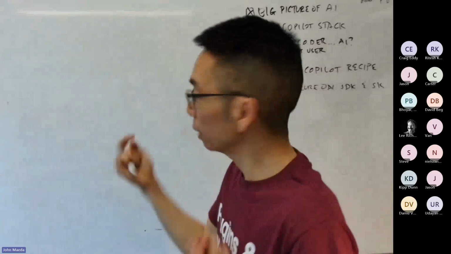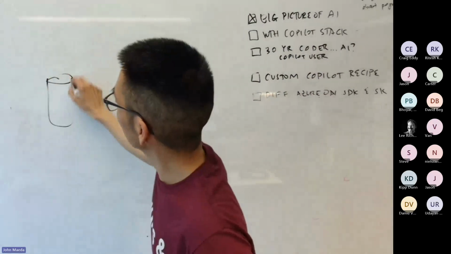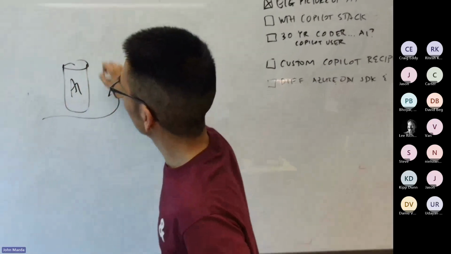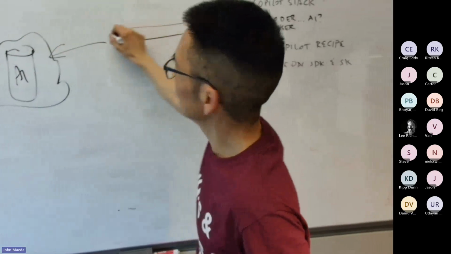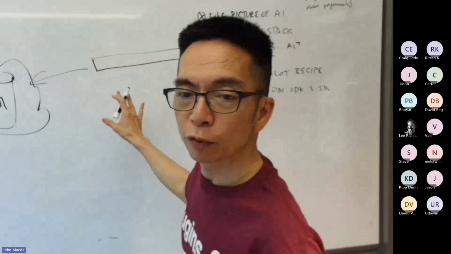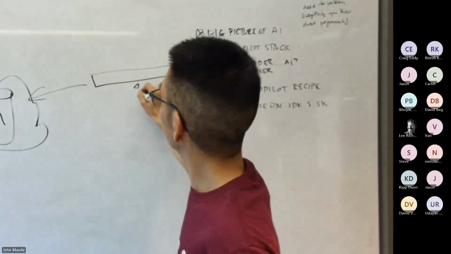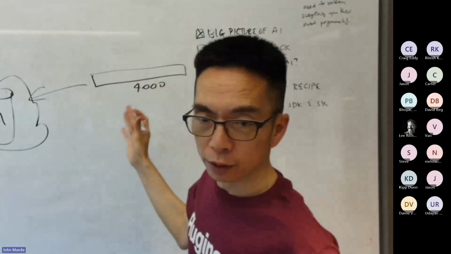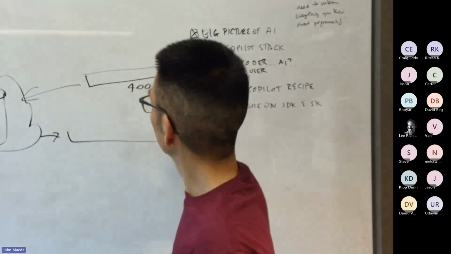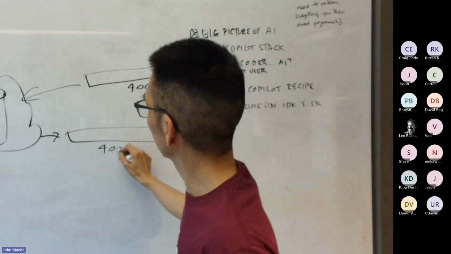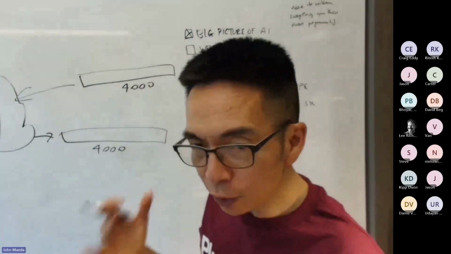Let's remember again that we have the AI model, and it's in the cloud, and you can send it up to, let's say, 4,000 tokens. It'll only let you work with 4,000 tokens, and it can return 4,000 tokens. Now, this phrase is not correct.